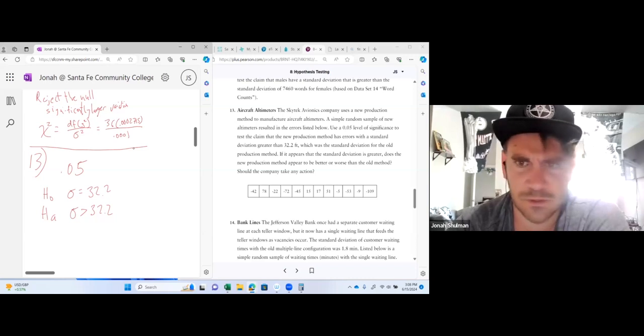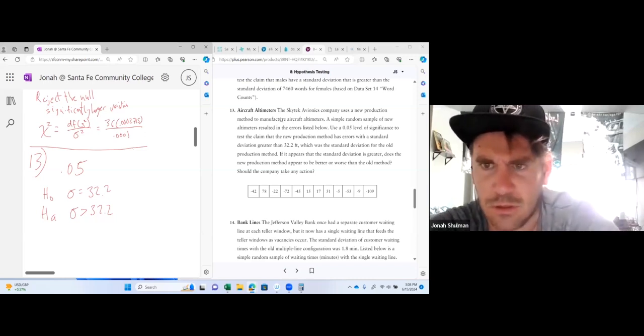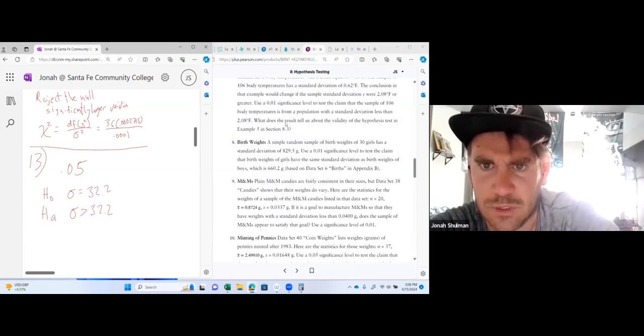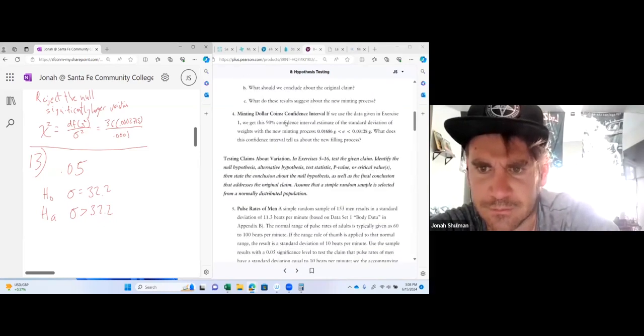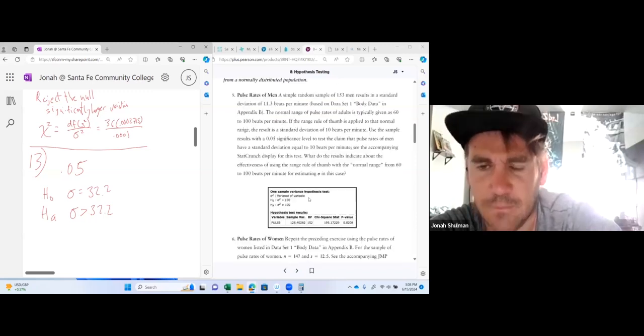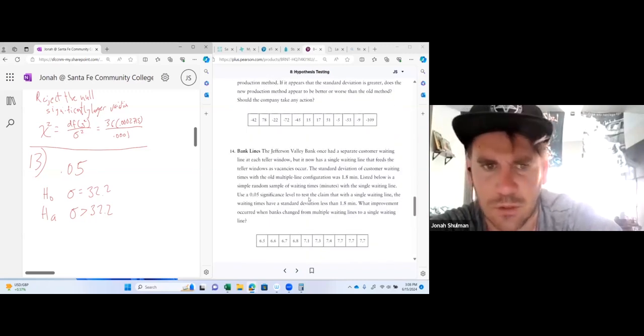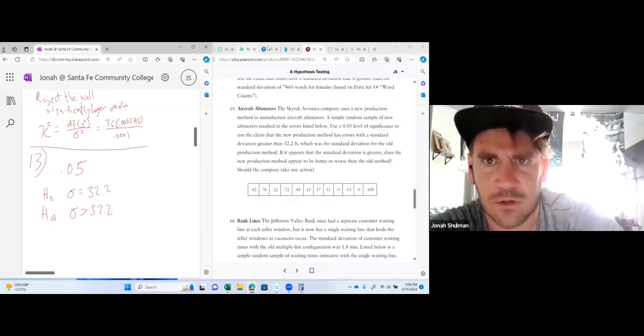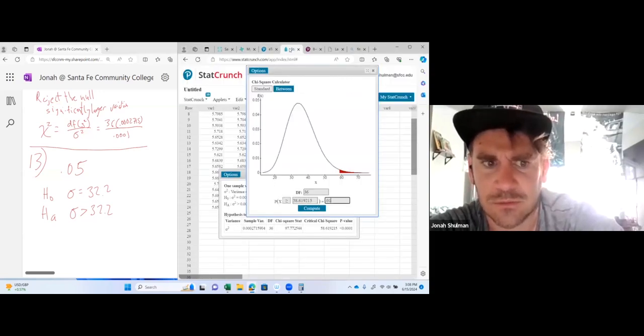All right, so these are our values. Do we assume this is normal? Yeah, okay, so we're assuming it's normal. So here's 13. Let's go right to the StatCrunch.